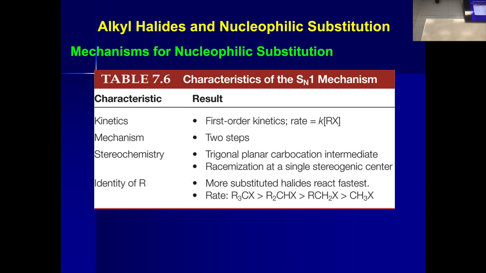Therefore, I must know that a tertiary carbocation is more stable than a secondary carbocation, is more stable than a primary carbocation, is more stable than a methyl carbocation. The more carbons you have around that carbocation, the more stable it becomes. Those carbons are donating a little bit of electrons, if you will, to the carbocation to help stabilize it.